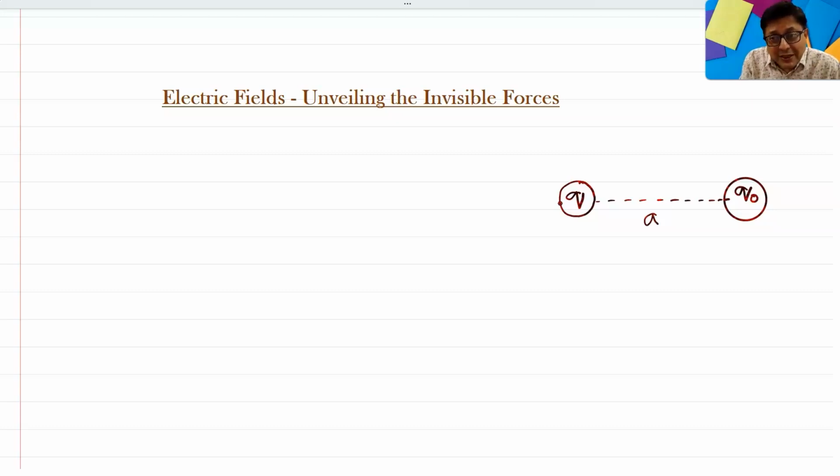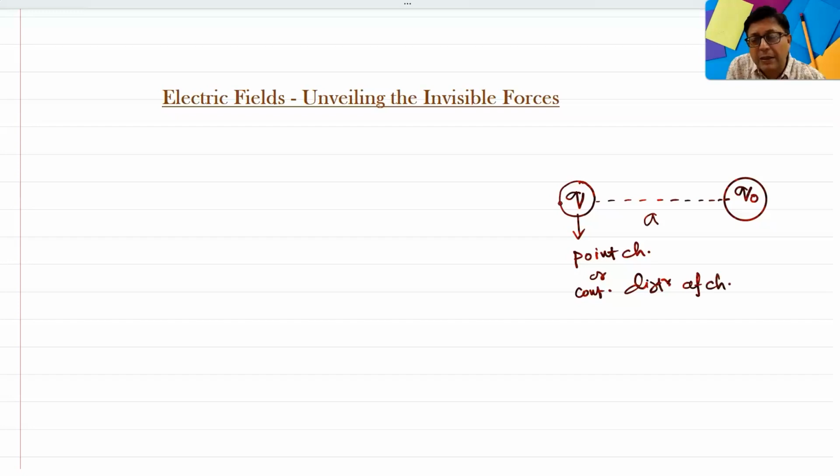So here this source charge may be a point charge. It may be a continuous distribution of charge. Or it may be a group of charges. Okay?